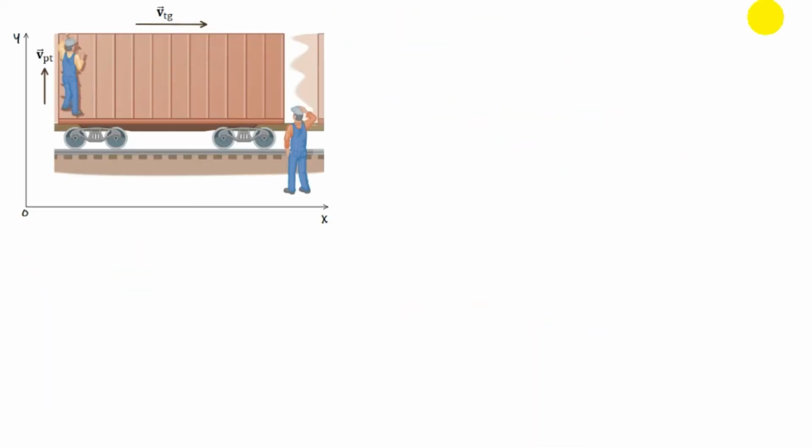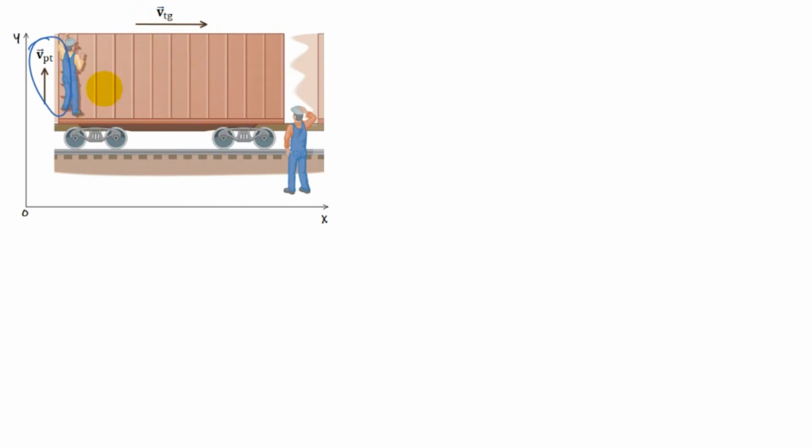Now suppose this person is climbing a ladder instead of walking on the car's floor. So in this case, the velocity of a person relative to a train will be vertical, and the velocity of train with respect to ground remains horizontal.